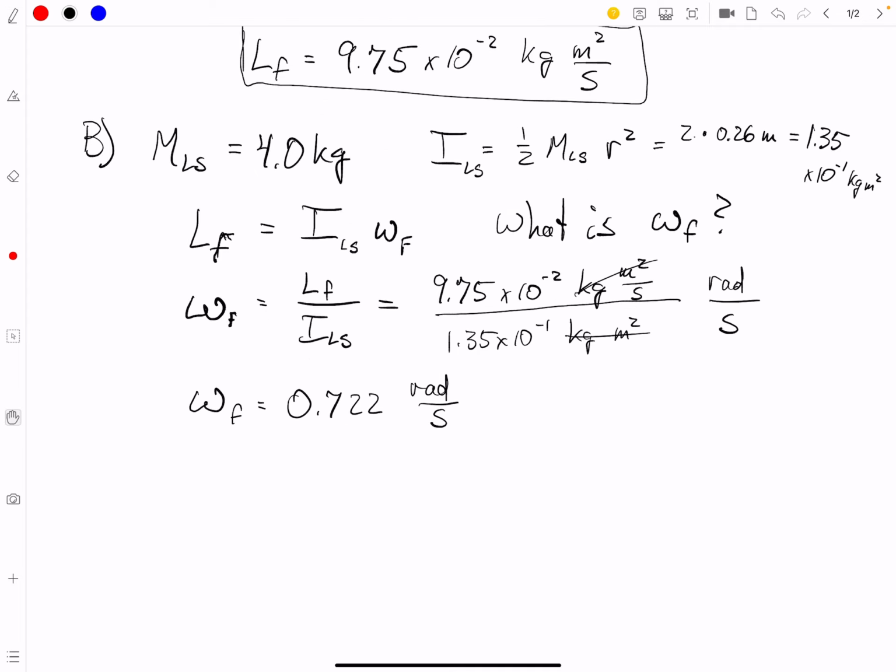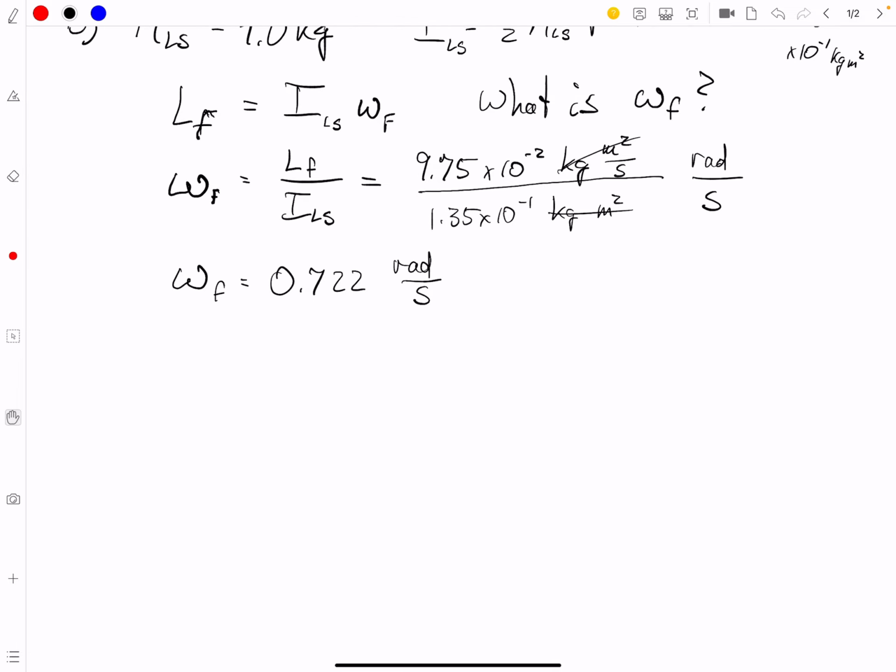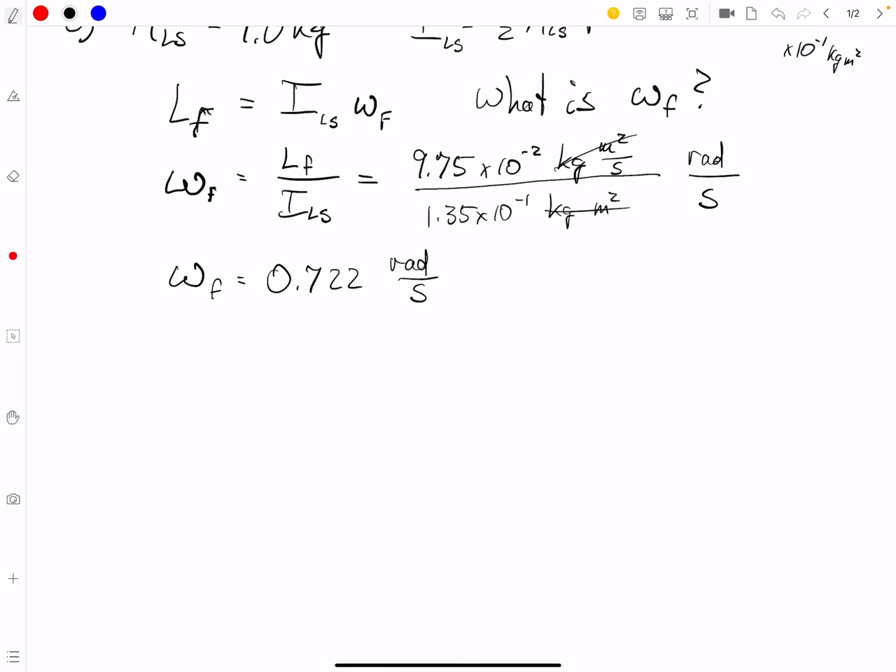We applied a force like this to a Lazy Susan, radius r. A person did it for a certain amount of time, and we were able to get that Lazy Susan up to this.